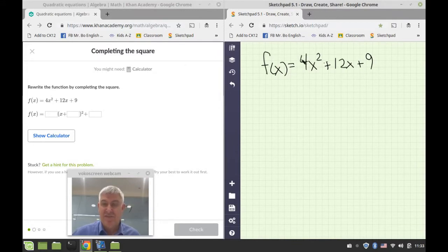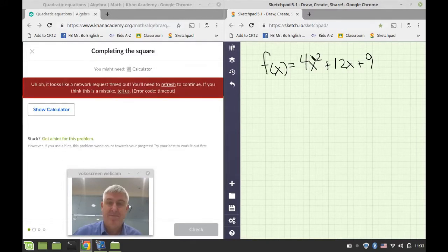This is the first time we've seen a leading coefficient, and there are a couple of ways to do it. This one is a perfect square, so we could say it's 2x, but we're going to use this method where we just pull it out, and I'm going to use both parts inside here.